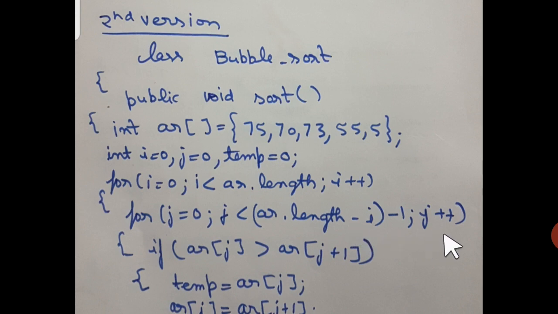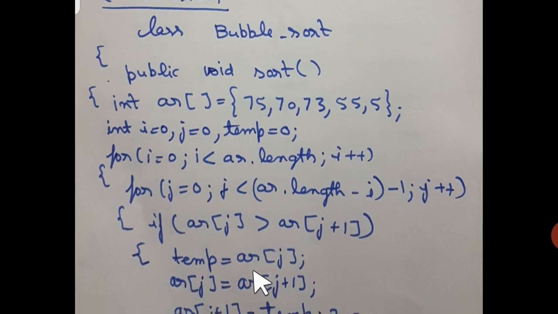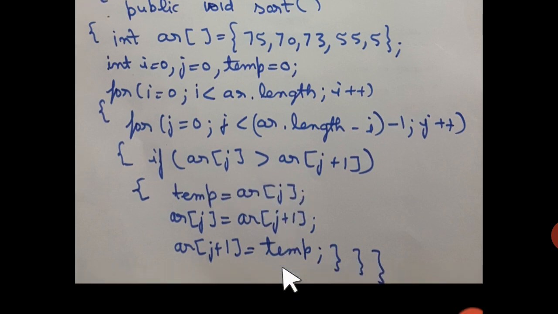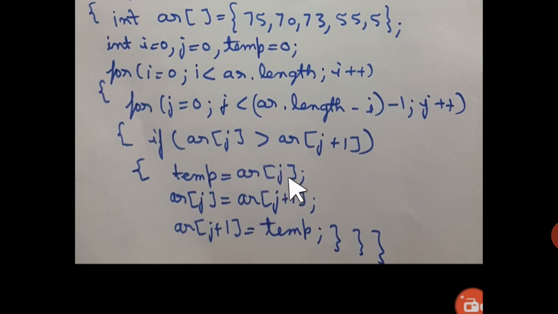So the same loops are there, one loop for passes, the other for compare and swap. These are the steps for comparison. So if ar[j] is greater than ar[j+1], then we swap: temp=ar[j], ar[j]=ar[j+1], and then ar[j+1]=temp. We close the curly brace for the if, then for the inner for, then for the outer one.